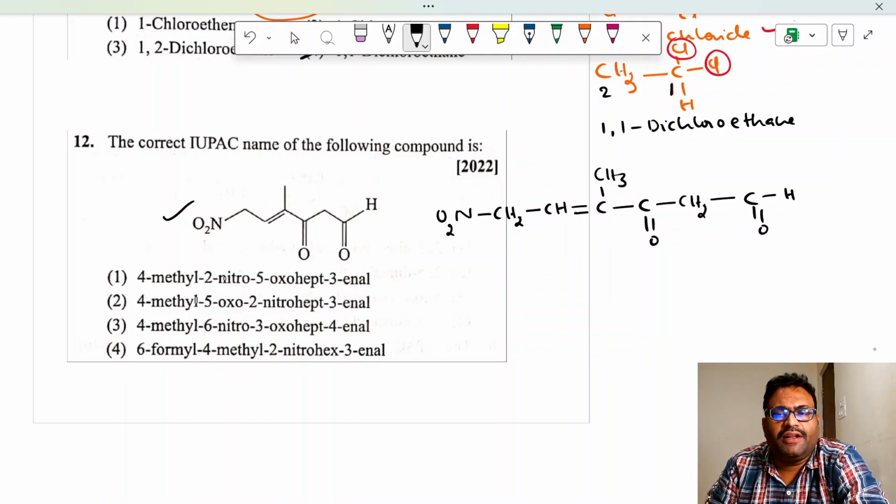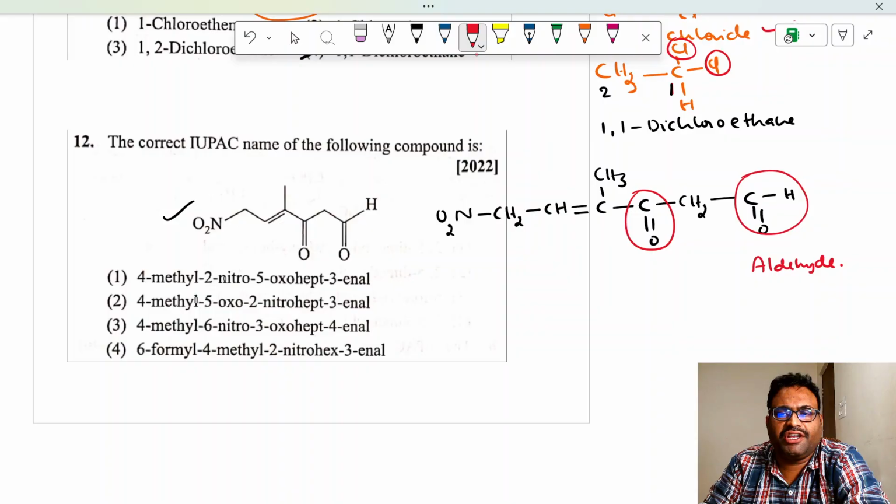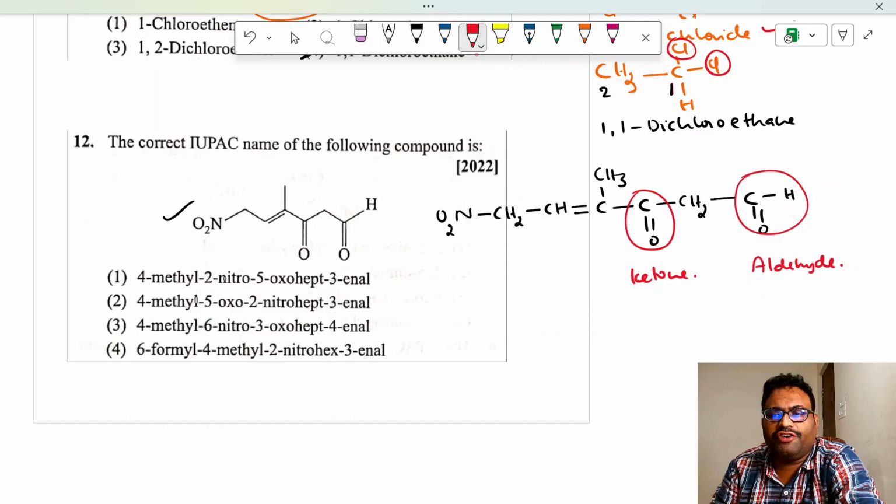Okay, let us number. What are the functional groups you are finding here? Two functional groups we find. One is aldehyde, and this is ketone. Among aldehyde and ketone, which has more priority?